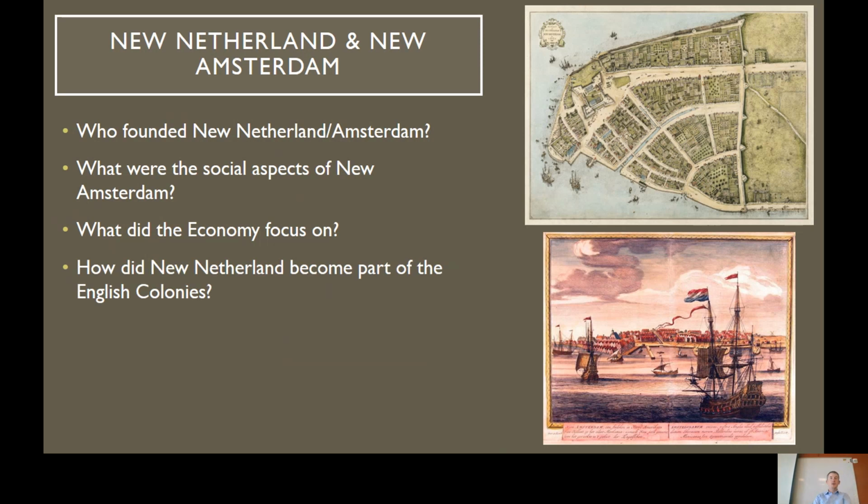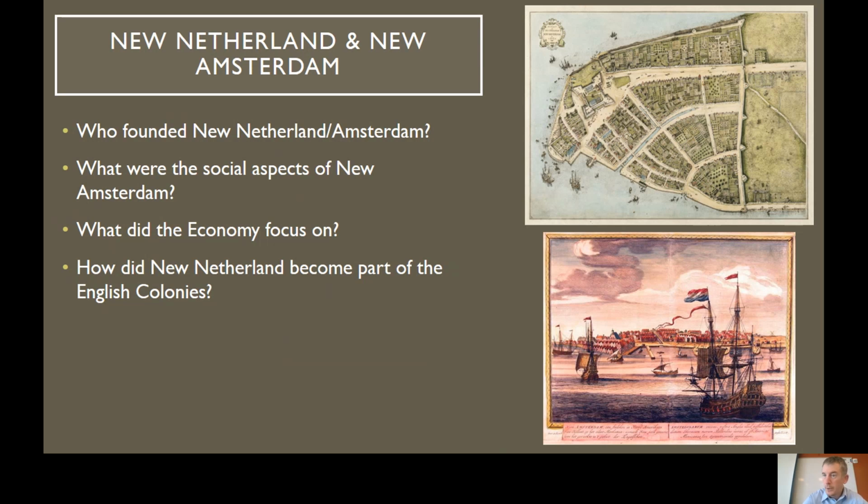Now, it starts out as a Dutch colony. What happens is that it was the only Dutch colony, and the English, being way more powerful than the Dutch, forced the Dutch to give up New Netherland. And guess who gets to take it over? The Duke of York.